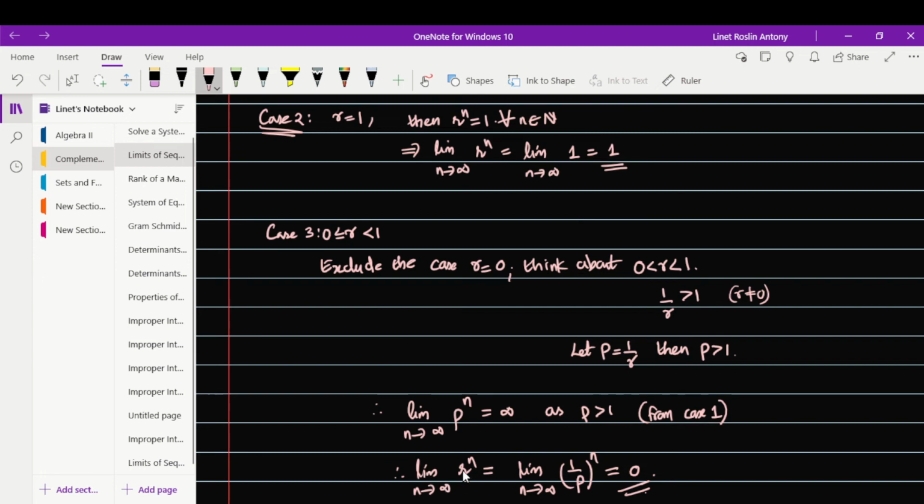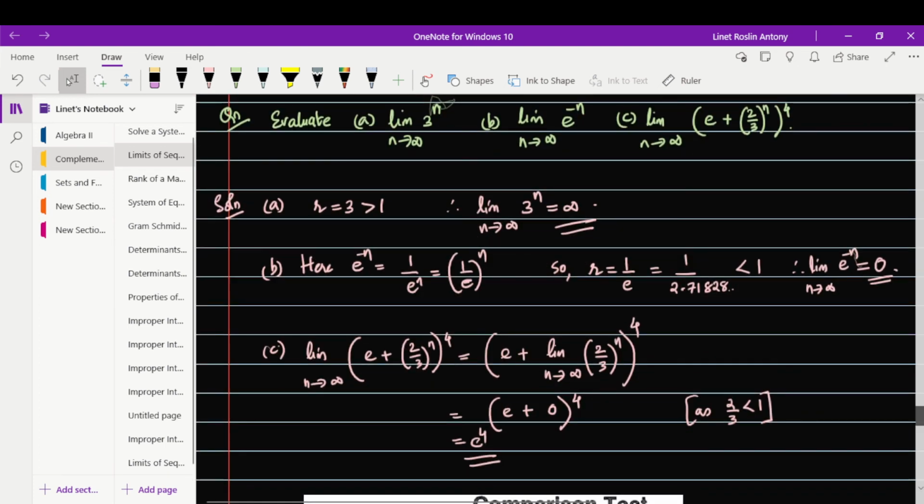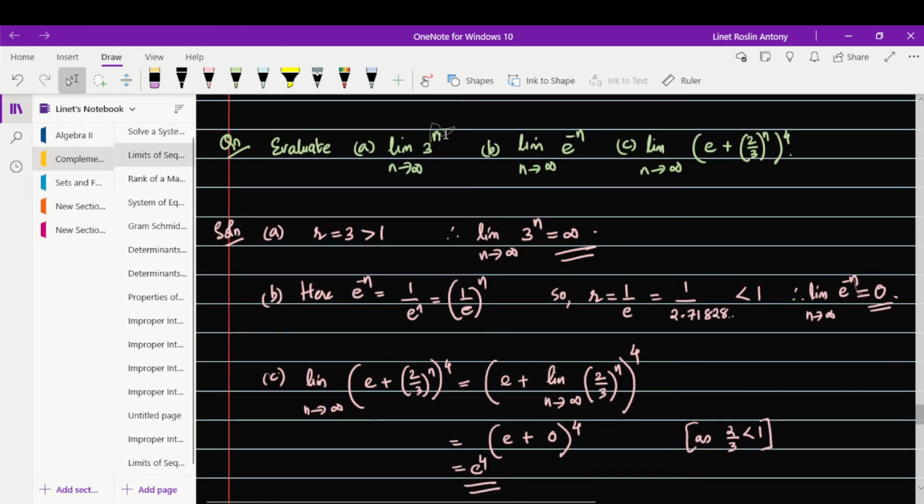Now limit n tends to infinity r raised to n is equal to limit n tends to infinity (1 by rho) the whole raised to n, and that is equal to 0. Right. So we obtained case 3 also.